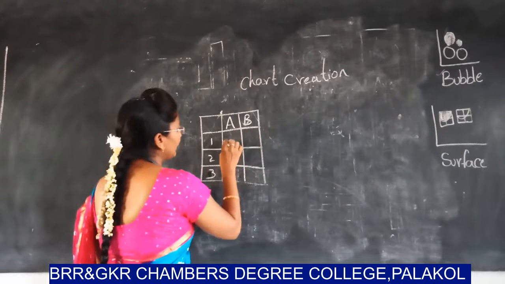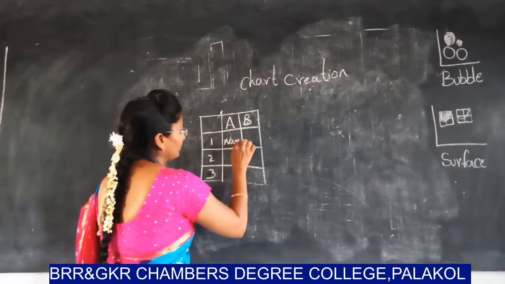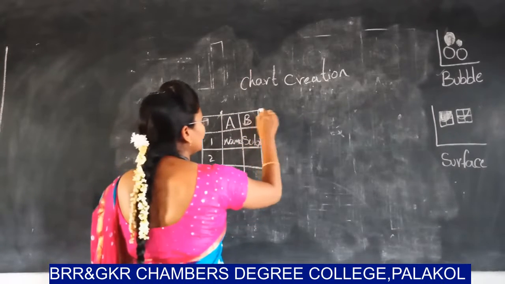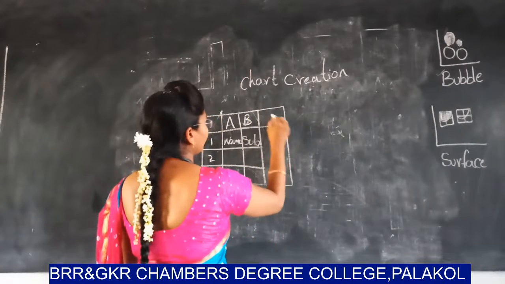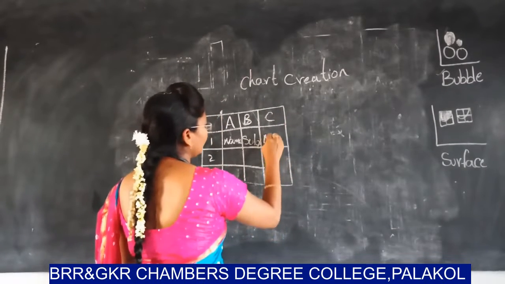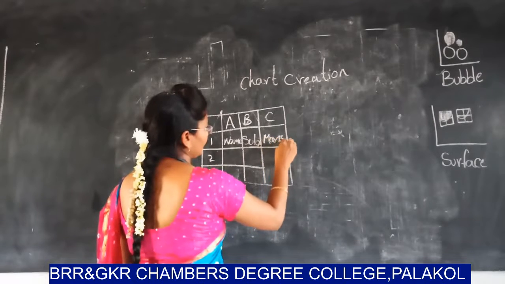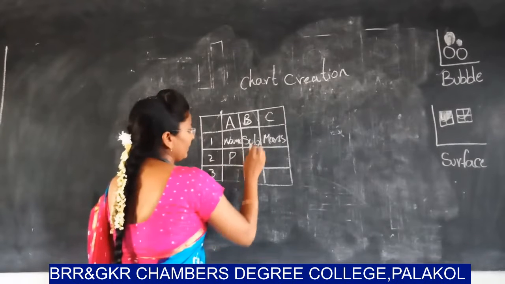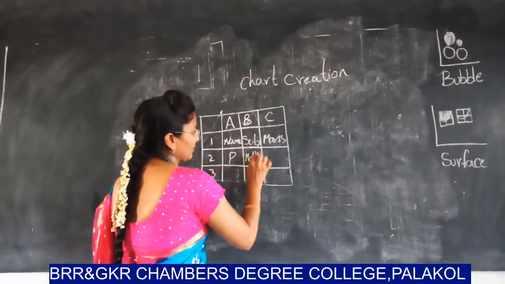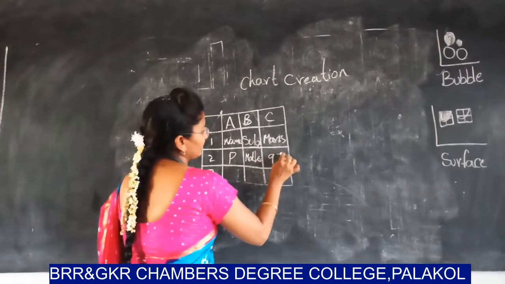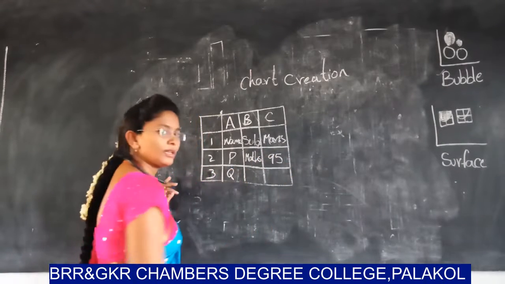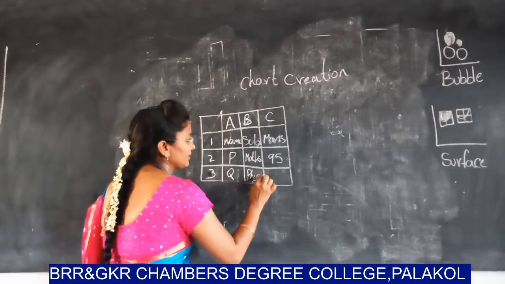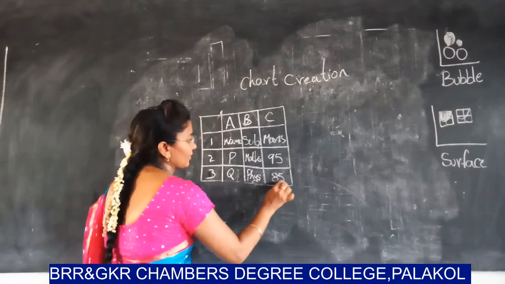I am taking some data like name here, and again subject, and marks. I am taking P as a name and subject as mathematics, and marks is 95. And here I am taking Q person and physics, 85.